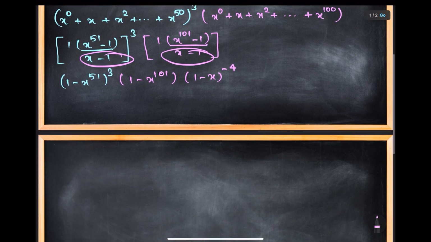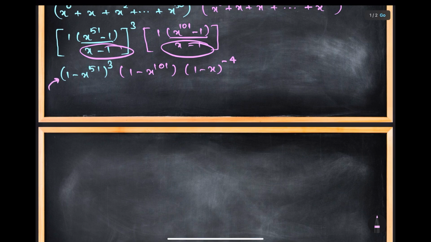Now first let's expand this part. It is (x plus y) power 3. So can we go with 3C0? You know that the first element is 1, so 1 power anything will be 1 only, and in place of y we have minus x power 51, power 0.